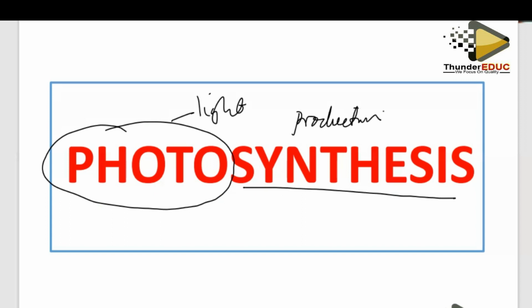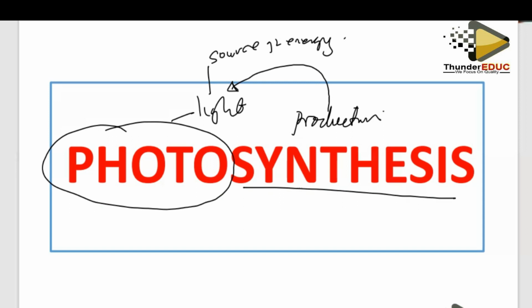So in this case, it means that this process leads to the production or manufacture of whatever it's manufacturing, but using light as the source of energy. So in photosynthesis, light must be present, and at the end of the process, manufacture or production must take place.